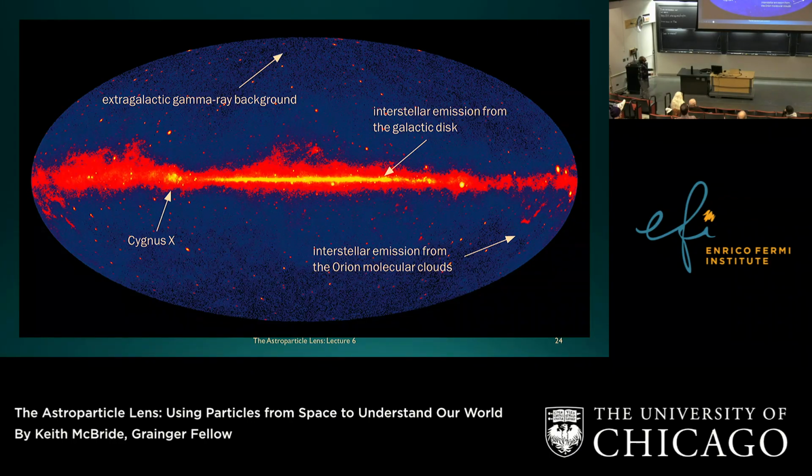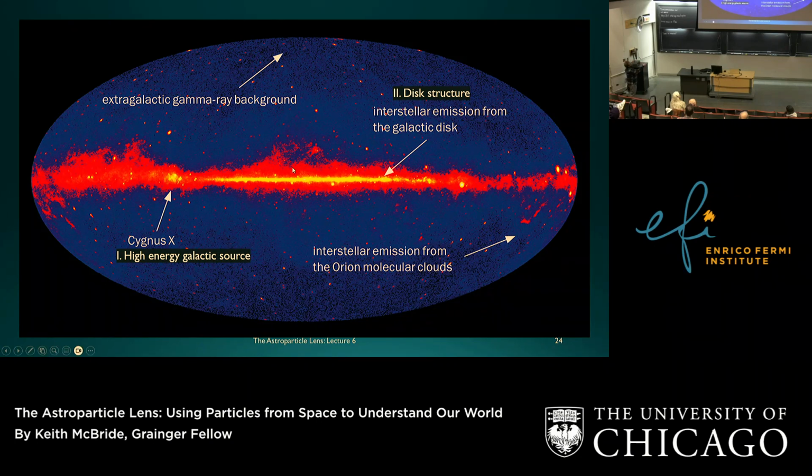And so if we go back to our gamma ray sky and we look at what we see, we can talk about the sources, such as this one, Cygnus X. We can talk about high energy sources, because gamma rays are signatures of those cosmic ray nuclei and protons colliding with other material. But we also see the disk of the Milky Way in gamma rays, right? You can see that clearly here.